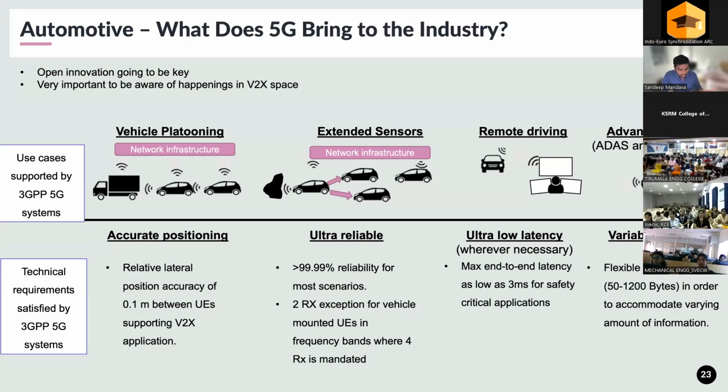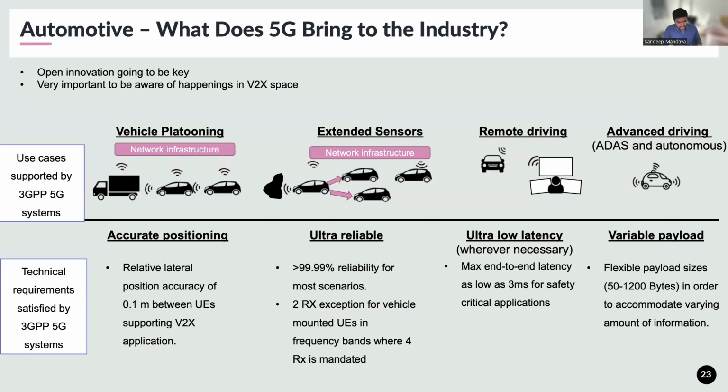We have probably imagined it would happen, but 5G is what would make it happen in reality. 5G has this concept called device-to-device communication. It's been in the works for a while, but I think 5G will help push it forward. It's called sidelink, where a car can directly communicate with another car without having the network in the middle, or it could also use the network in the middle if need be.